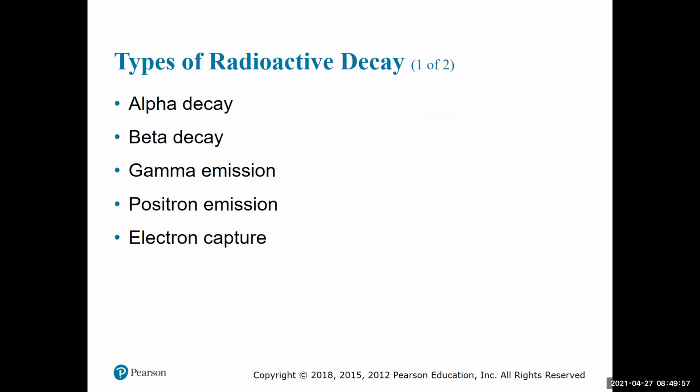So let's take a look at these a little more closely. So we mentioned alpha and beta, those are decay processes. Gamma is an emission. There's also something called positron emission and electron capture. And we'll talk about those as well.